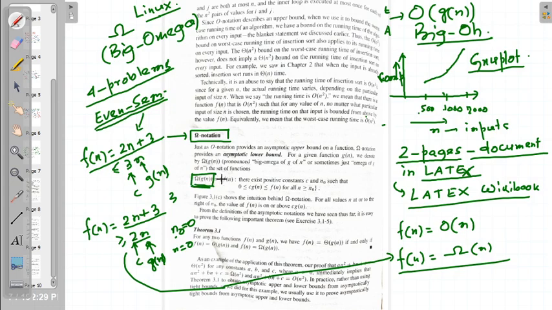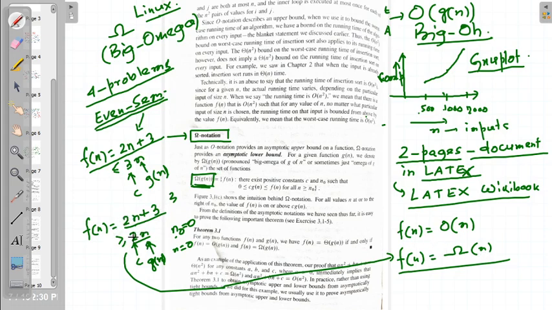Omega of g(n) is a set of functions f(n). So 2n plus 3 will be greater than or equal to 2n, 2n plus 4 will also be greater than or equal to 2n, and all functions f(n) equal to an plus b will boil down to omega of n also. So this is a set of functions.